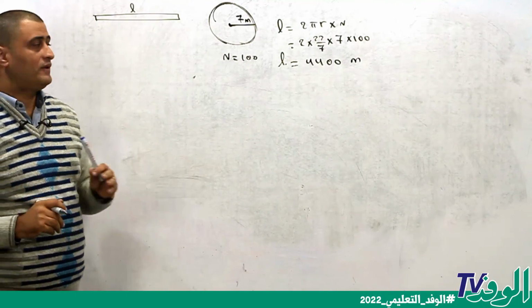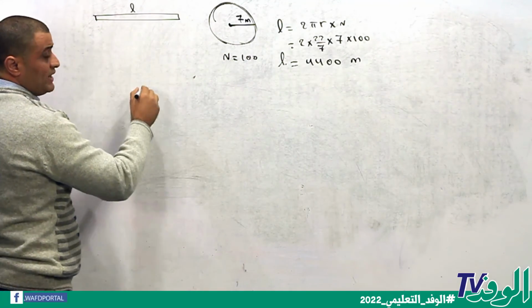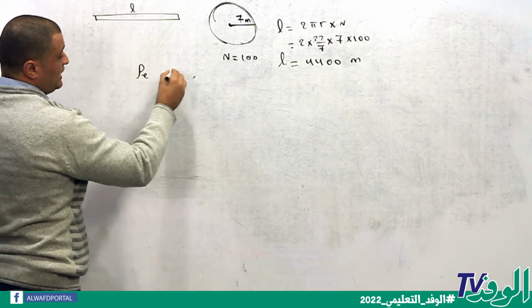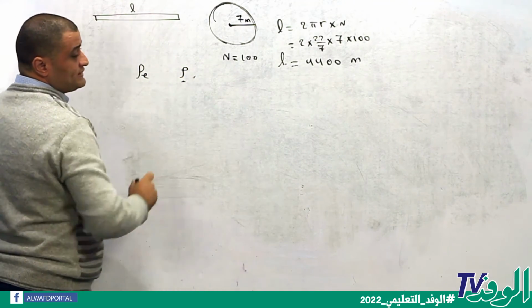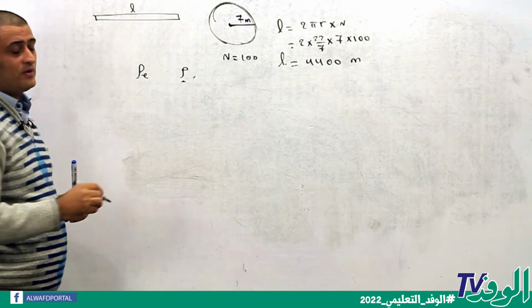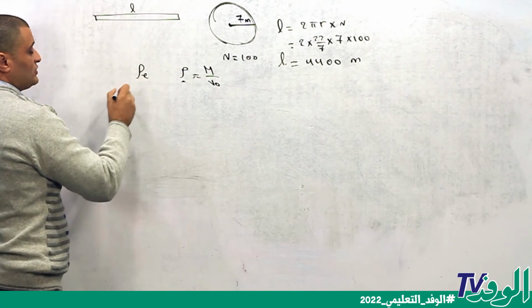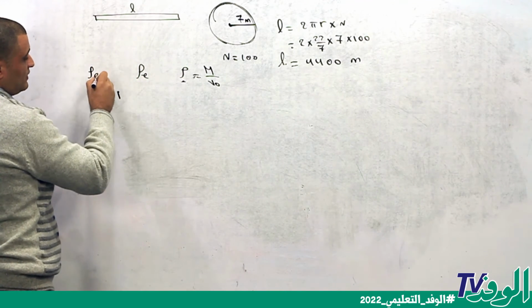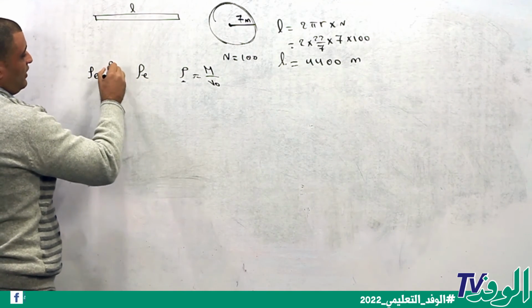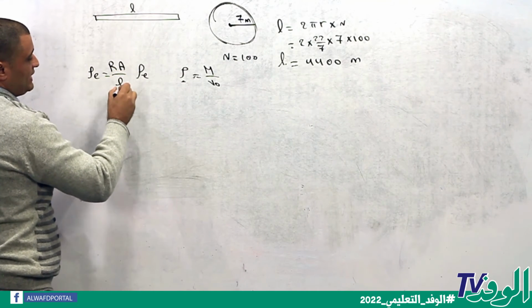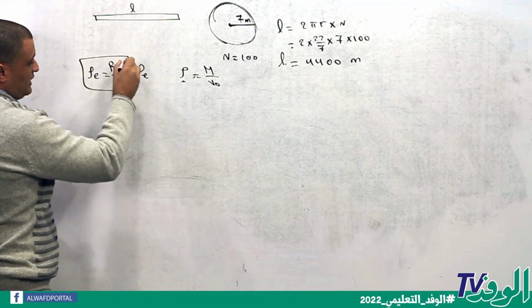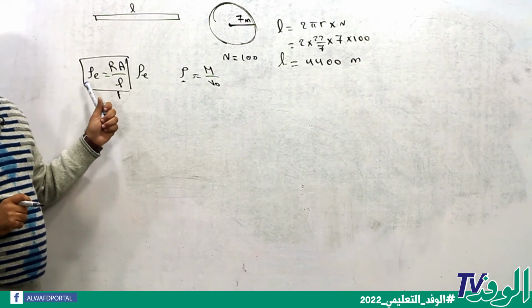Okay, another one, we can differentiate between rho e and rho. Rho is the density of material, which equals mass over volume, but rho e equals RA over L. This is the resistivity of the wires.